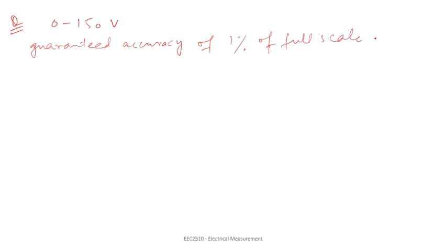It is given that a voltmeter having a range of 0 to 150 volt, that is its scale, has a guaranteed accuracy of 1% of full scale reading.